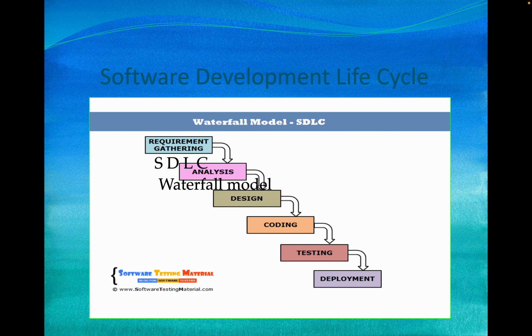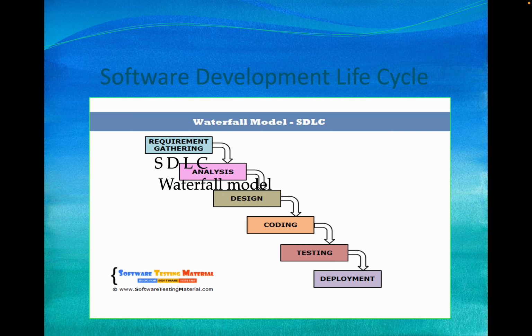It has the following phases of development. What we are seeing here is that the first step for the waterfall model is requirement gathering. Further on, we will move to analysis and go for the design, then move to development.